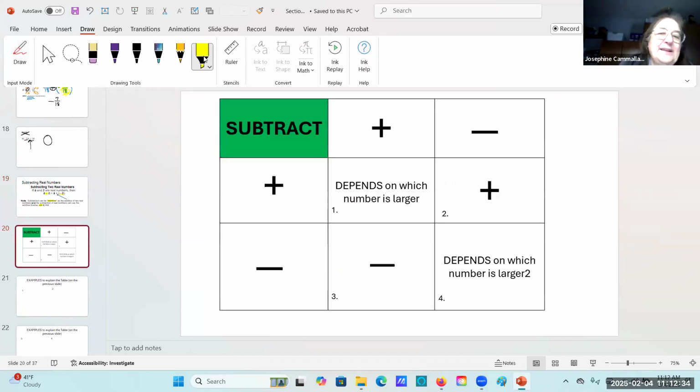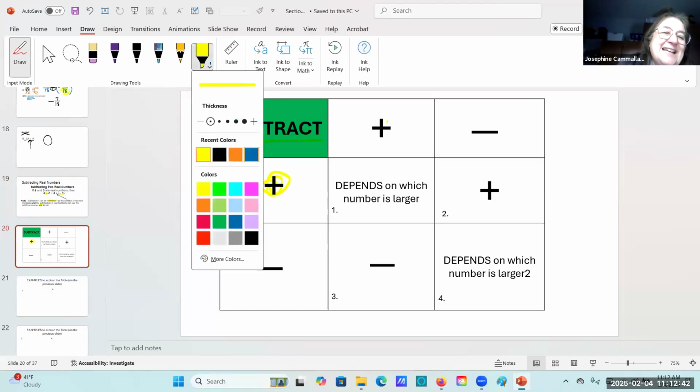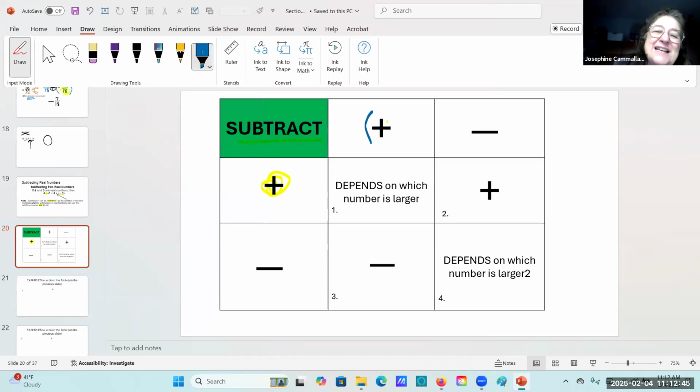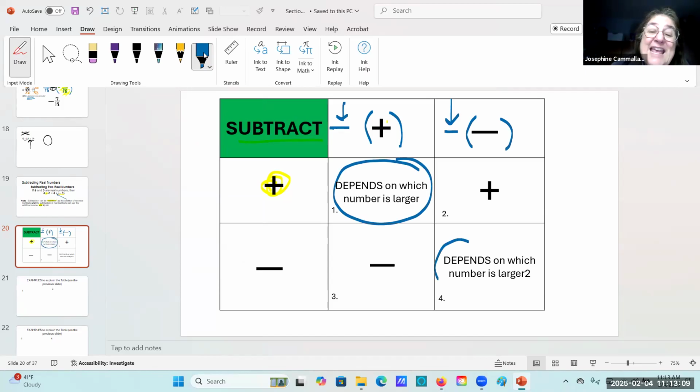Now, a positive. Now, remember, you're subtracting, which means you're taking the negative of a positive number. This is taking the negative of the negative. This is the indication I'm subtracting. And notice, it depends on the larger number.